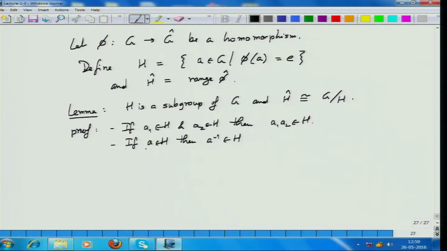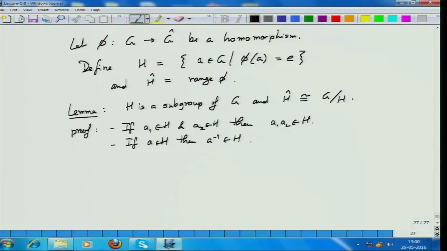A is in H means phi of A is identity. That means phi of A inverse is identity, and therefore phi of A inverse is also identity. So H is a subgroup of G, and by definition of H, it is precisely the subgroup that is mapped to the identity element.